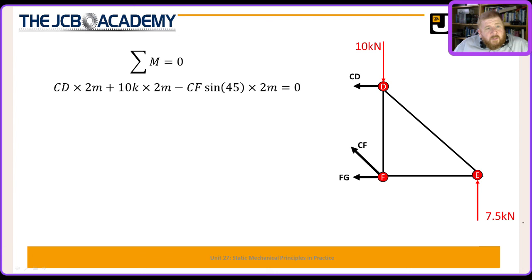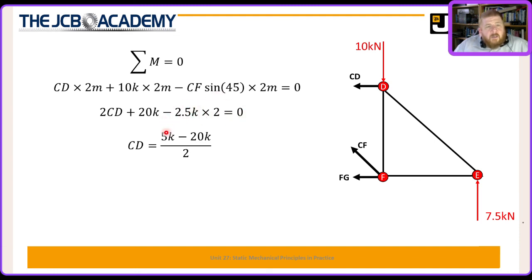Plug in our numbers here. We know that CF is 3.54k, and we know CF sine 45, we should know by now, we've done it enough times, is 2.5. So 2CD, plus 2 times 10k which is 20k, minus 5k.